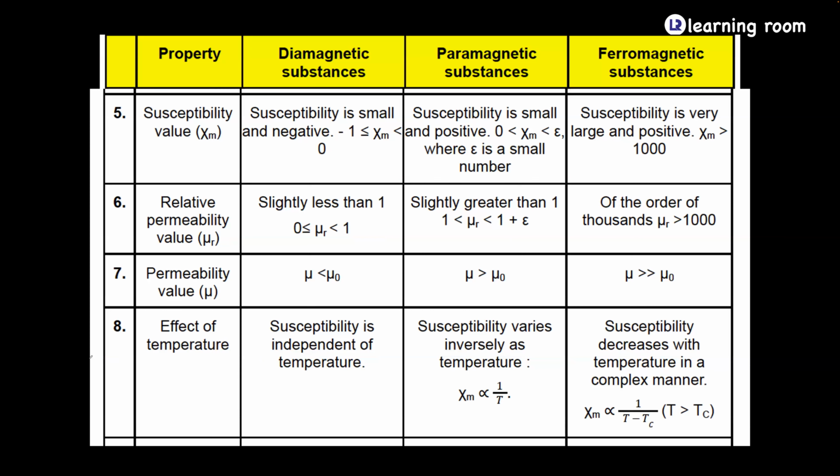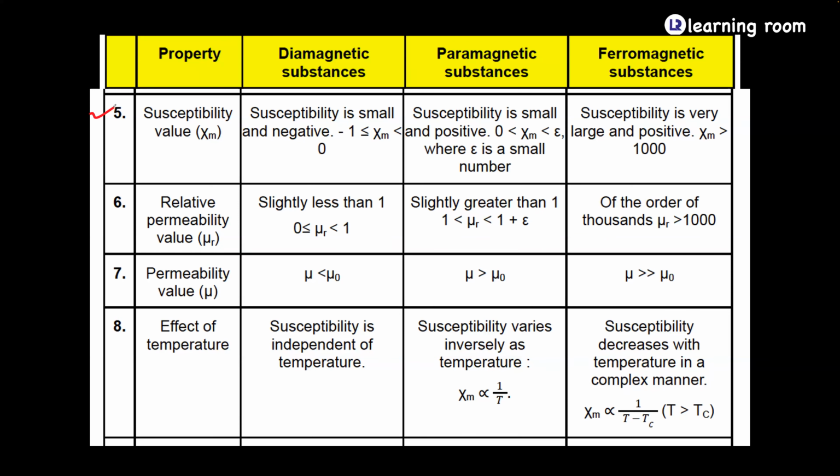So listen. The fifth property is about the susceptibility of a material. If you talk about susceptibility, what is the meaning of it? What is susceptibility in the first place? It is the extent to which a material can get magnetized. Am I right?